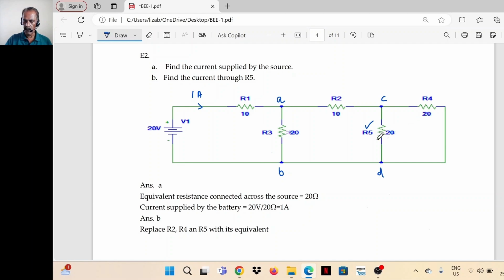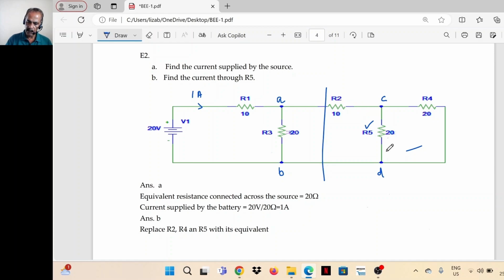Both R4 and R5 are 20 ohms, so when they are connected in parallel, the equivalent is half of that because R4 is equal to R5. That is 10 ohm. That 10 is in series with R2. So 10 plus 10, 20.